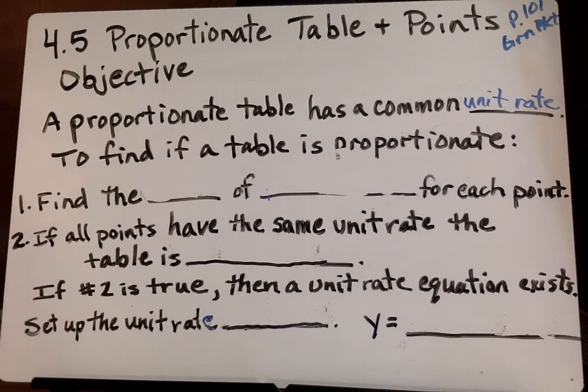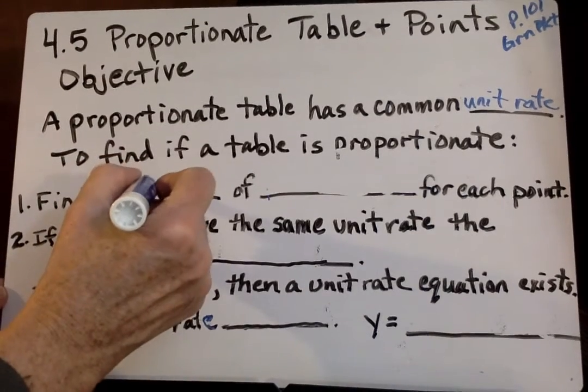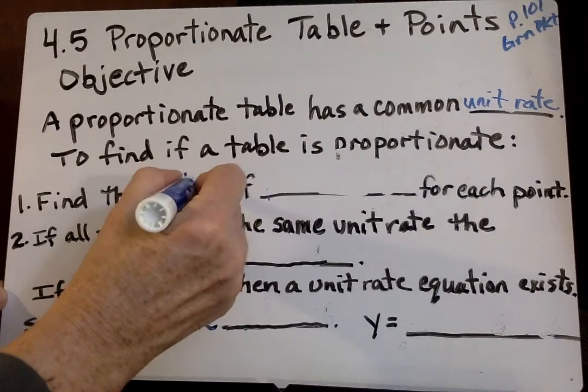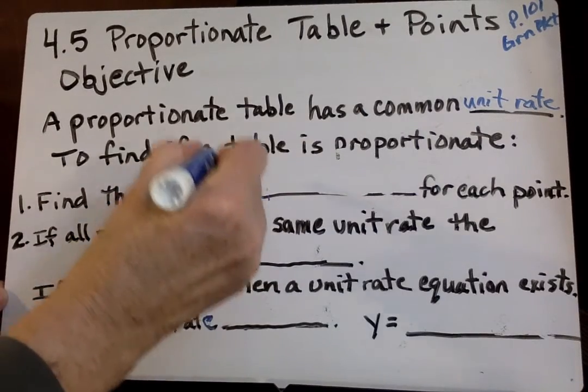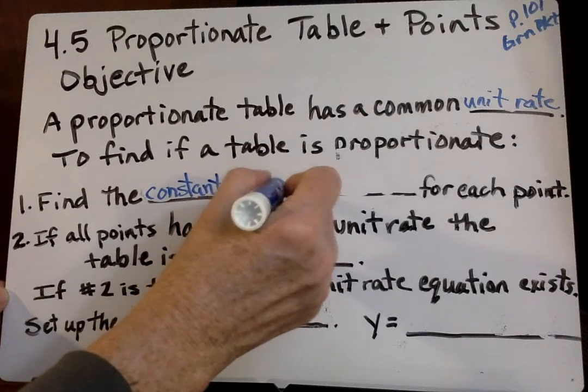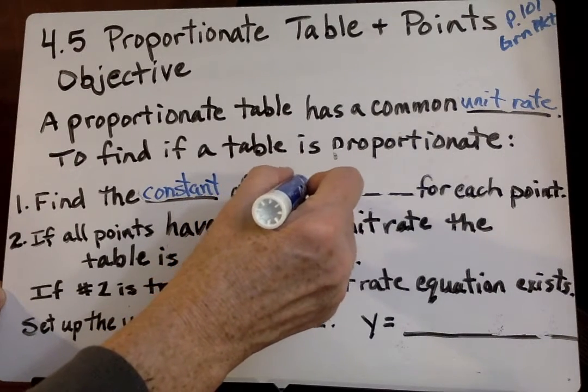To find if a table is proportionate, we have 3 steps here. First of all, we find the constant of proportionality. That's a big old word. Proportionality.